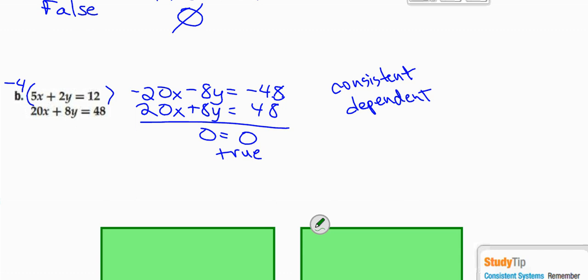Everything that we did before this, you get an ordered pair answer. You know what's happened when you add these together and, say, you get 5x equals 20 and divide and then put that in.